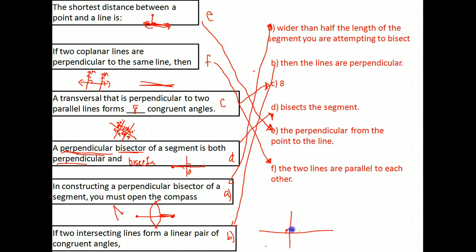If they're also congruent, well, what equal number adds to be 180? We need two equal angles. Well, they would have to be 90 and 90. So we had a pair of congruent angles that made 180. That made them have to be 90 and 90. And so that makes these right angles. What do you call two lines that intersect at right angles? You call them perpendicular lines. So that forces the lines to be perpendicular, which is what option B, our matching part, was up here.